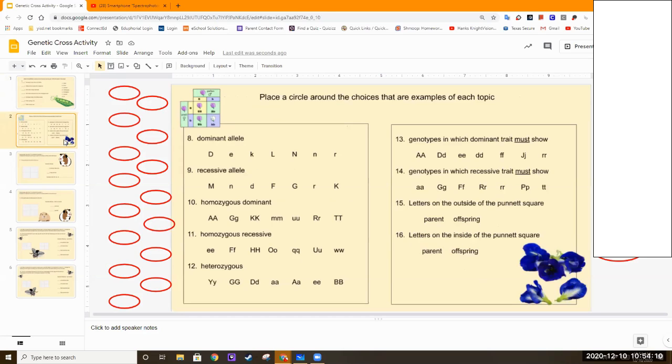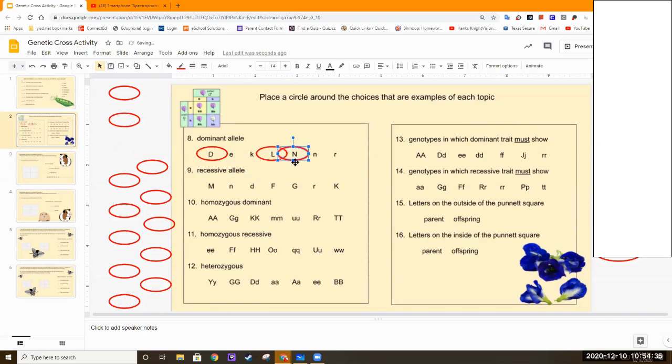And then for this one, dominant alleles, are they usually capitalized or lowercase? Capitalized, thank you. So we would put the circle around all the capitalized letters because those are the dominant alleles. And then recessive would obviously be the opposite, lowercase, right? You would just drag these over. Okay? And then you would do the rest with the other ones.